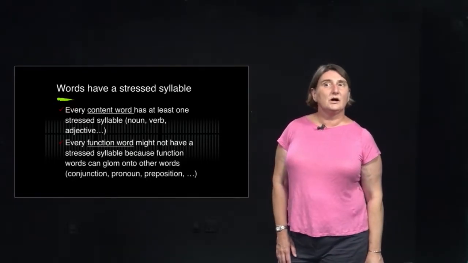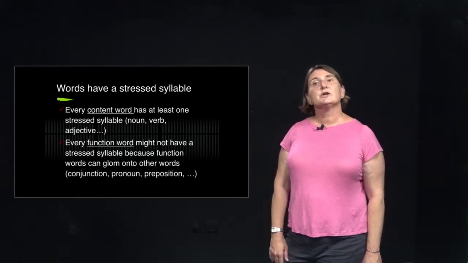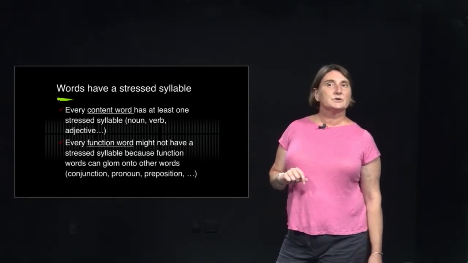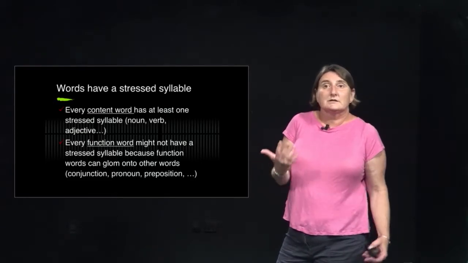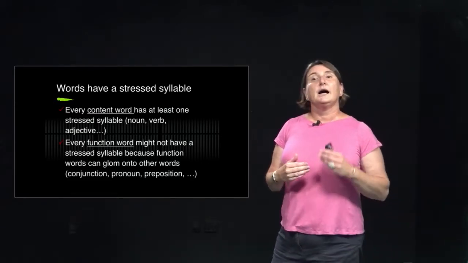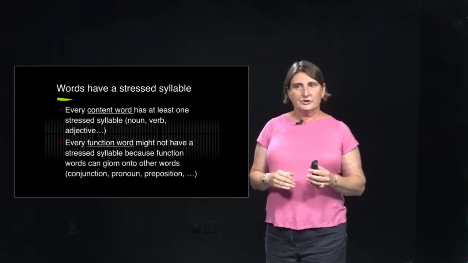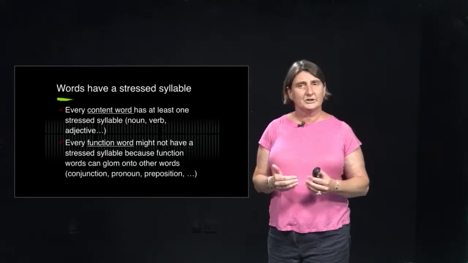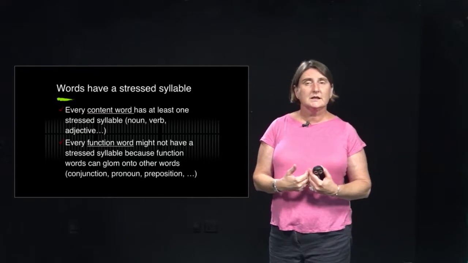Okay, so words also will have a stressed syllable. So every word that's a content word is going to have at least 1 stressed syllable. So a content word would be a noun or a verb or an adjective, something that gives us content. In opposition to content words are function words. Function words are things like conjunctions, prepositions, pronouns, articles.